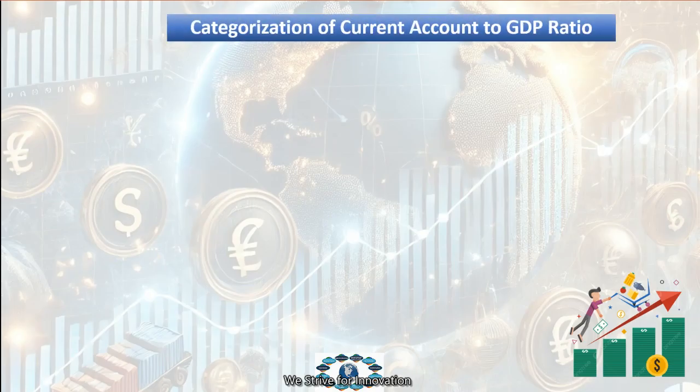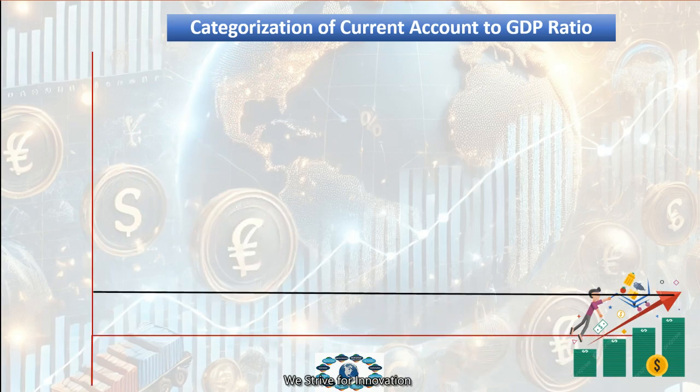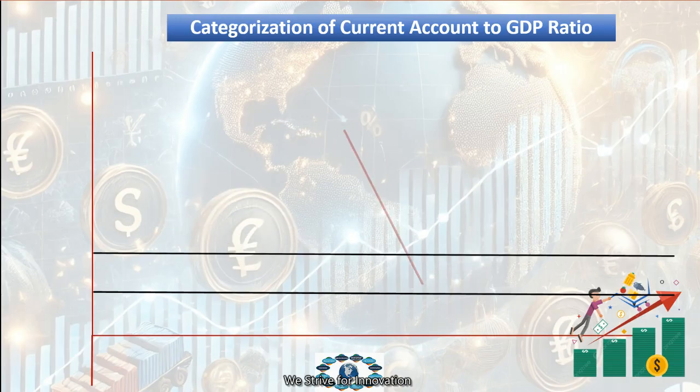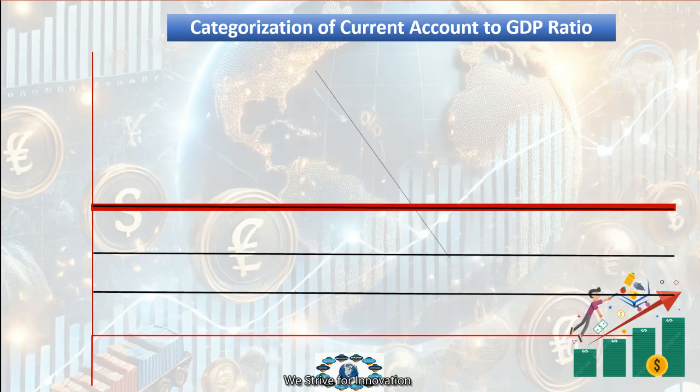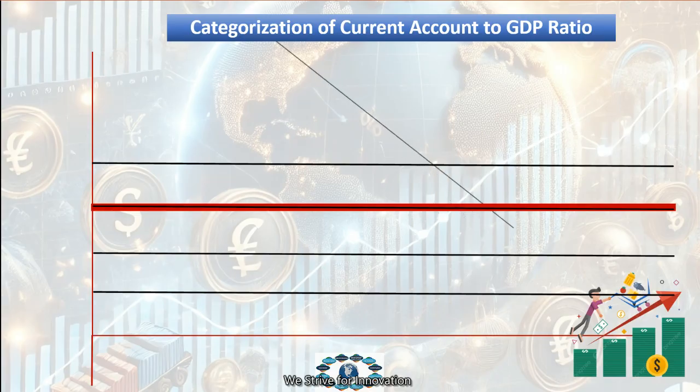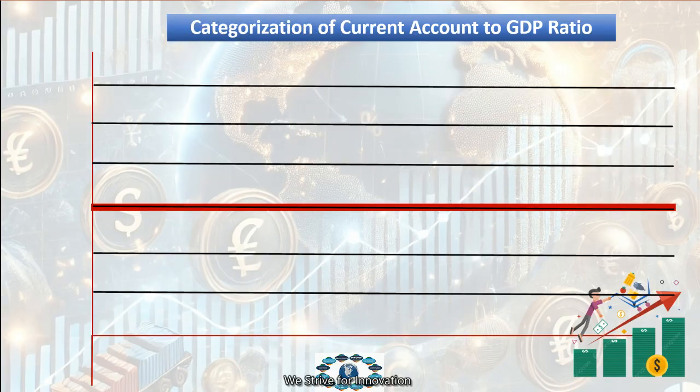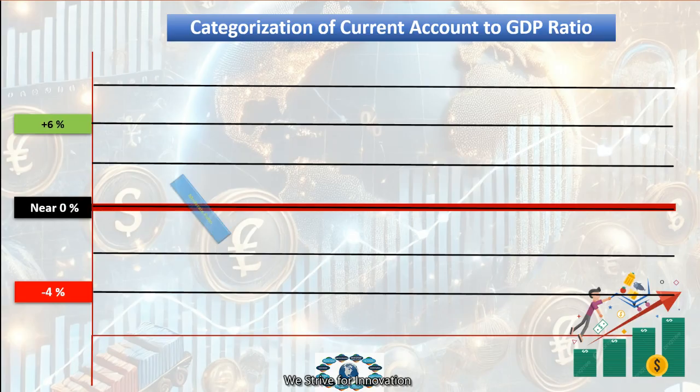Now, let's see exactly the categorization of current account to GDP, because this will give us an idea how to visualize how these things work. Of course, we have the levels here, which are around -4%, near 0%, or 6%.